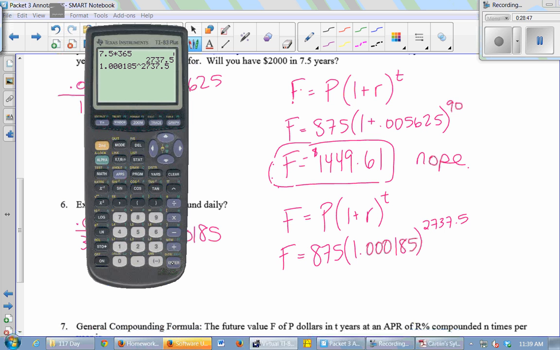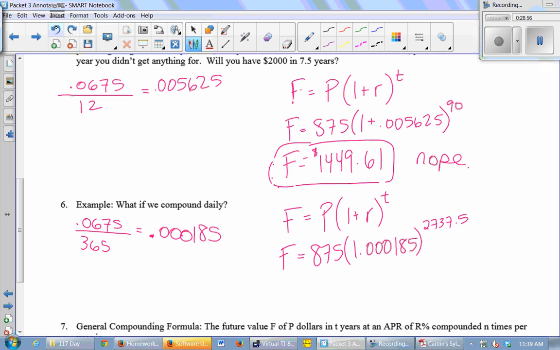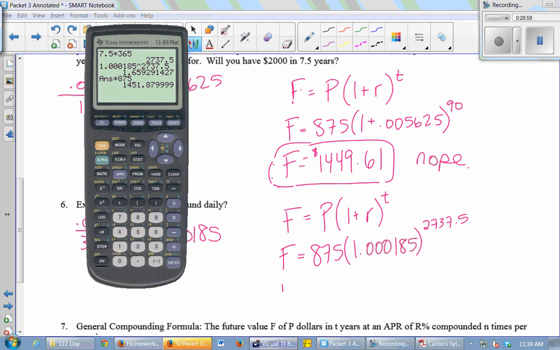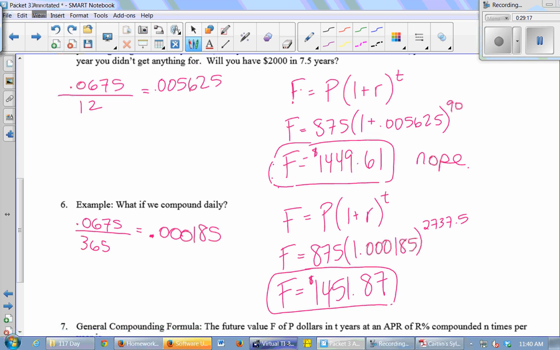So I do that first, then multiply by 875, and my future value is $1,451.87. So compounding monthly versus daily made me an extra $2. So it didn't get me much closer to the $2,000 goal, right?